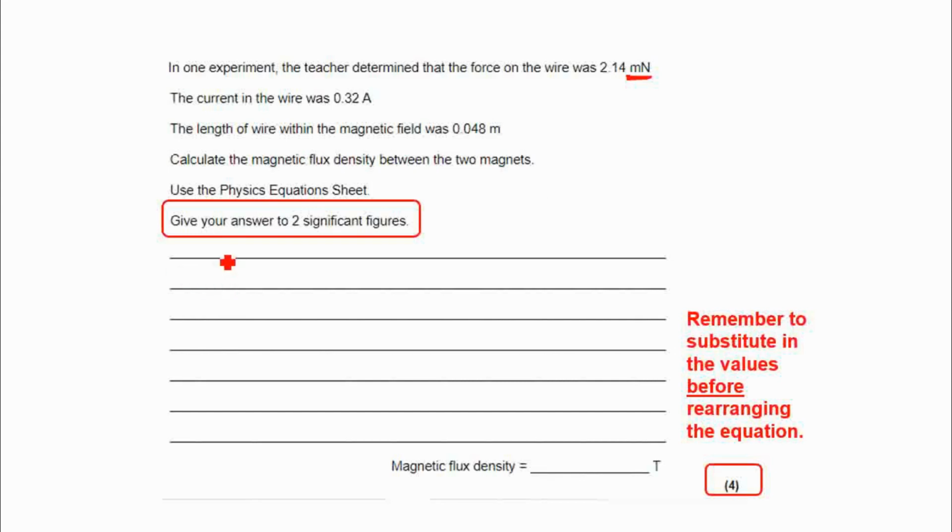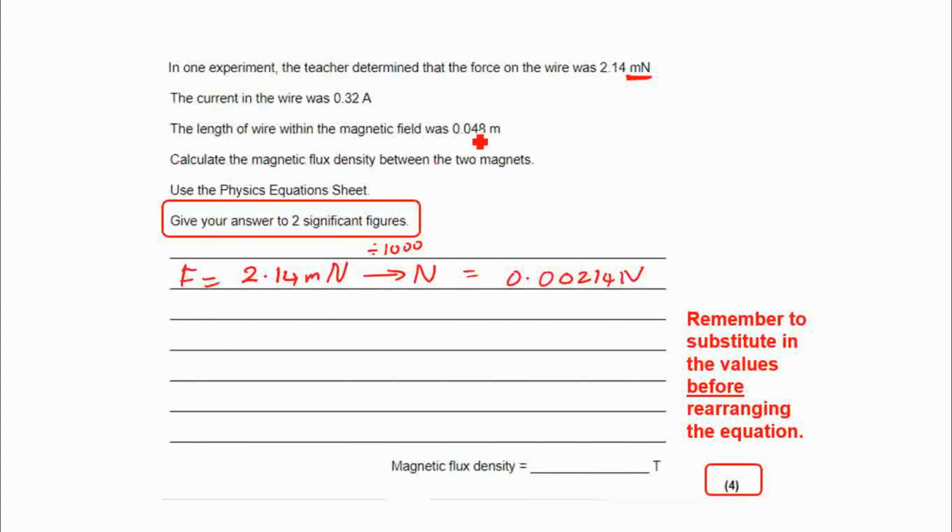Now, let's see what was given. We're given the force F, which is equal to 2.14 millinewtons. We're going to have to change that to newtons, okay? Which therefore means we're going to have to divide that by 1,000, okay? So just let me emphasize here, we're dividing by 1,000, so that's going to be equal to 0.00214 newtons.